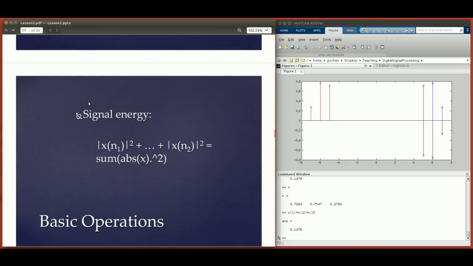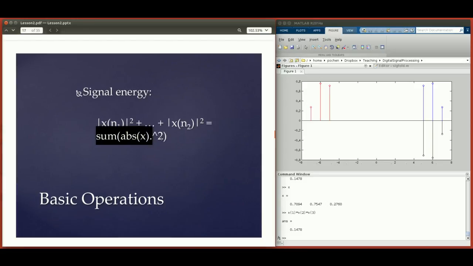Sometimes you would like to compute the energy of a signal. What exactly is the energy? Here's the definition of the energy. Basically, you are taking the square of every element inside the signal and then summing them together. So a MATLAB command for getting the energy of the signal: you do a summation on the absolute value, taking the square.